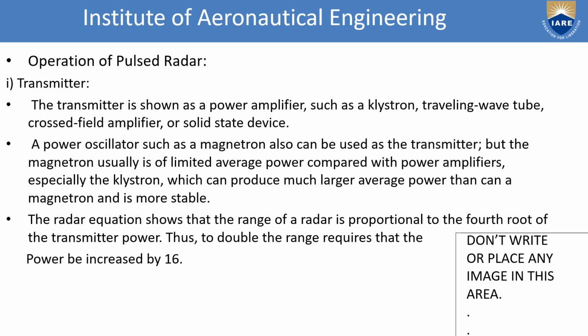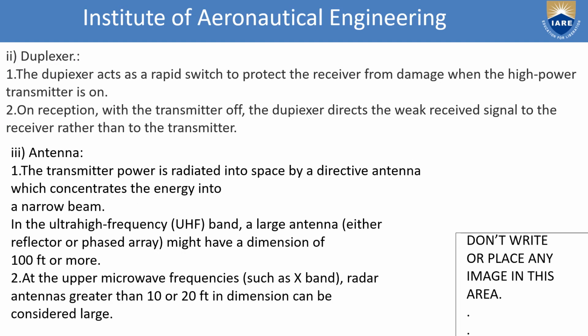The radar equation shows that the range of a radar is proportional to the fourth root of the transmitted power. Thus, to double the range requires that the power be increased by 16. Duplexer.